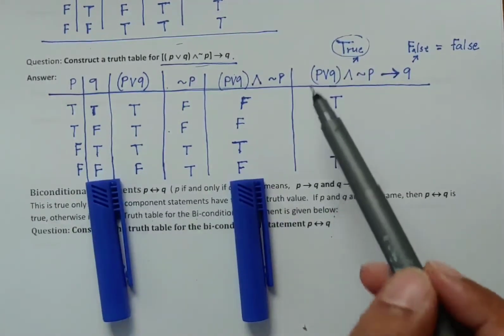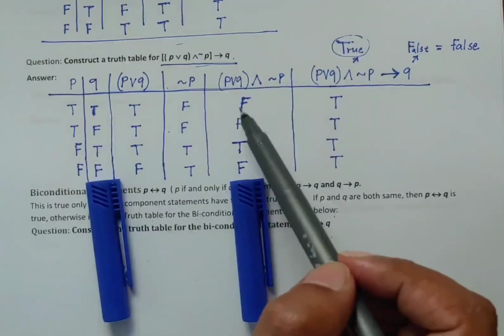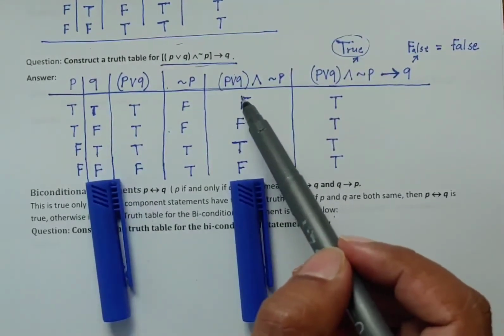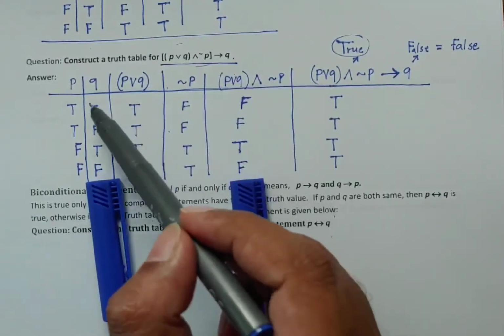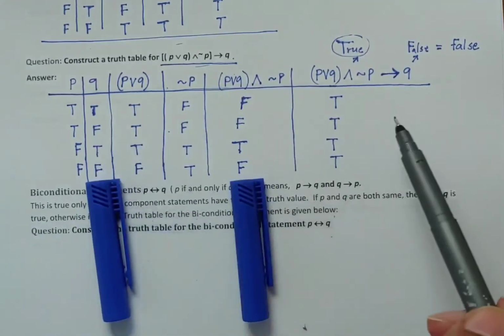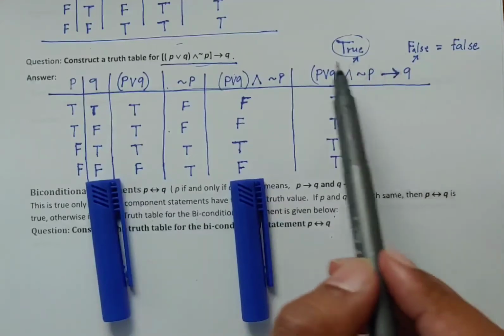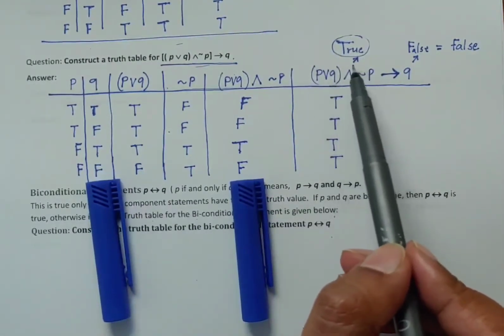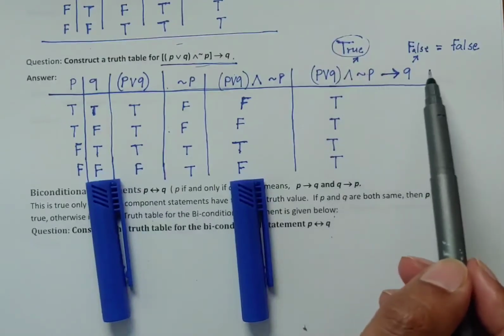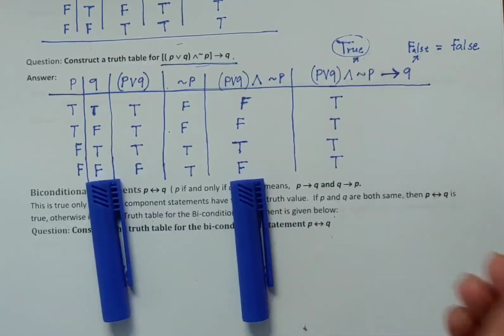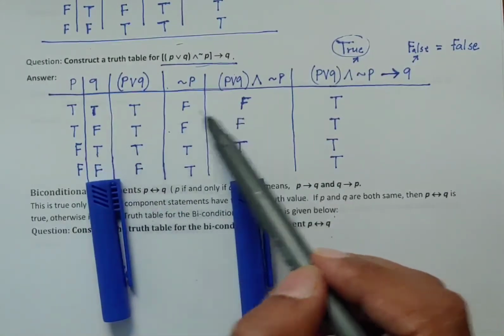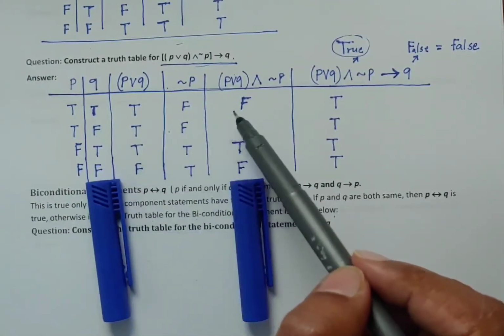It could be false if this was true and if this was false, right? So what I said here is, if the first part is true and the second part is false, then it is false. But we never get that situation here. We never get that case.